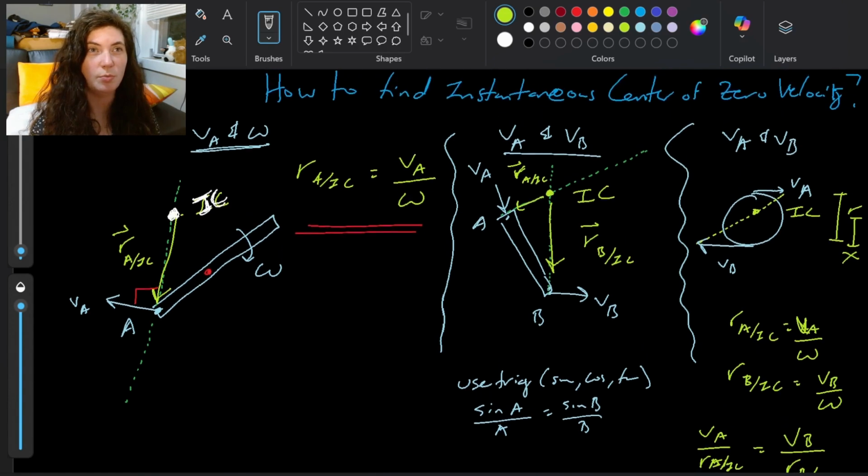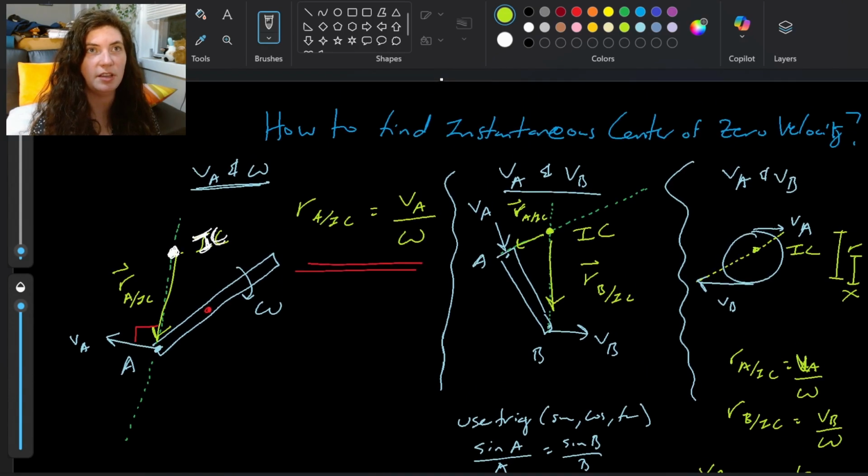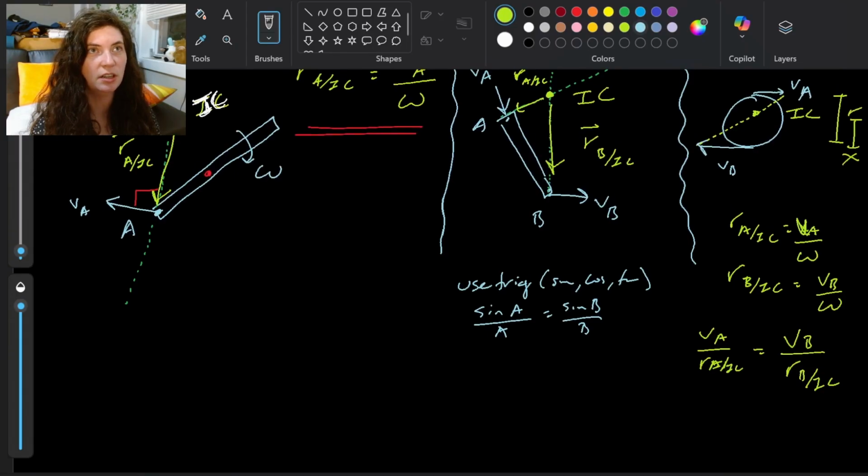It may also be that VA and VB are in the same direction. So maybe you have this same scenario, but instead you've got VA and VB. Again, that IC is still perpendicular.